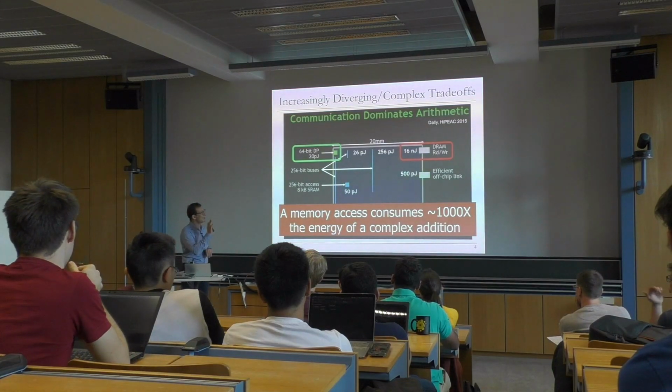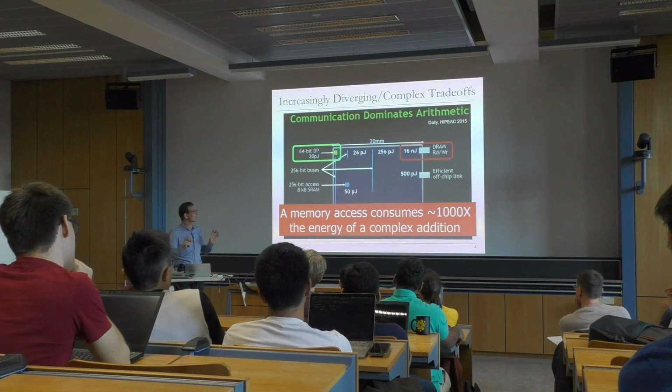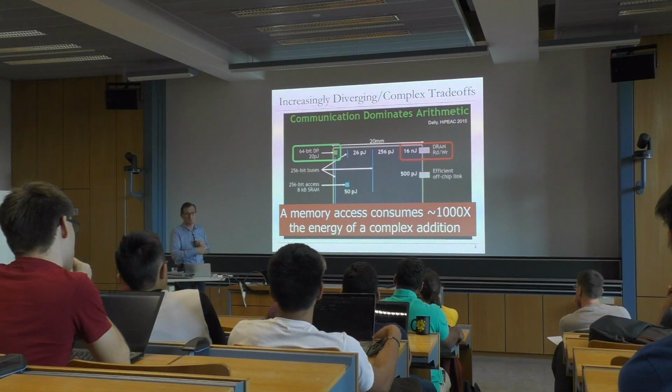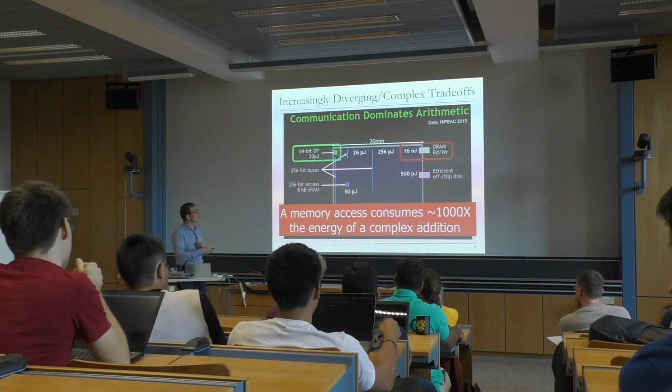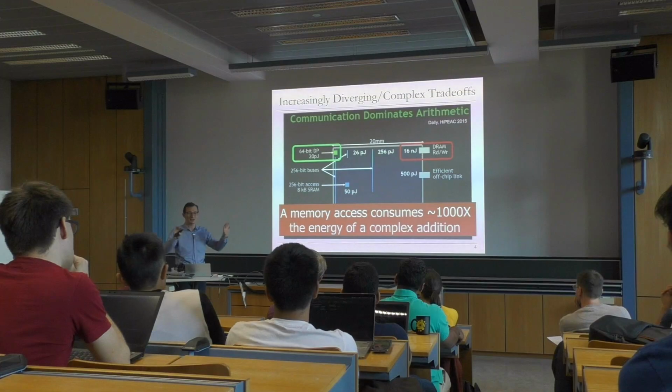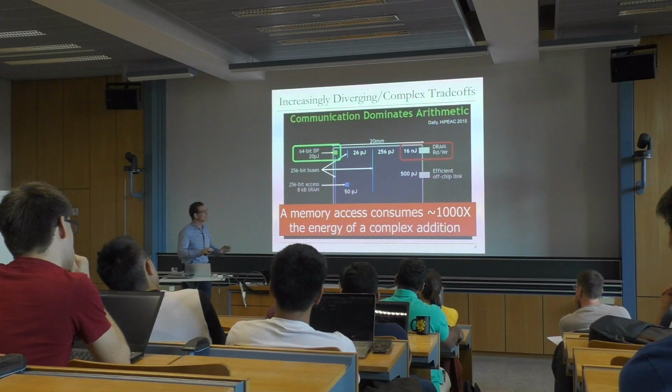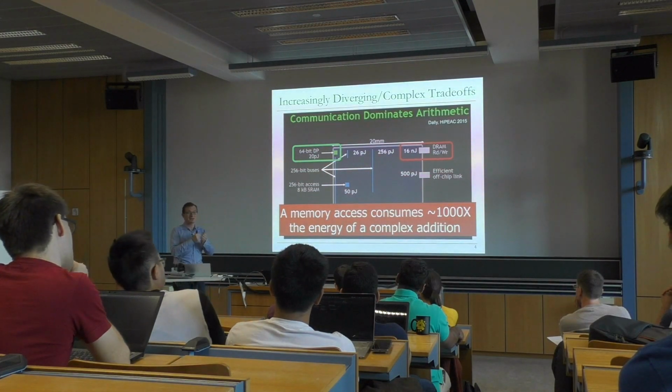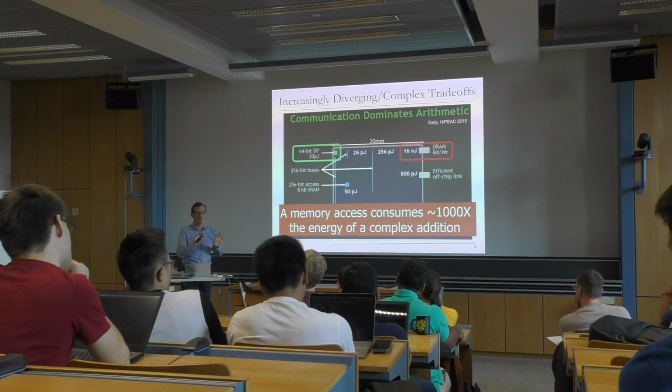So whenever you see a disparity like this, it's always good to ask the question, does it really make sense to bring data into the chip to process it, right? Especially if you're not taking advantage of the locality of data. For example, if you're doing a lot of random accesses, you're not going to reuse the data again. You just want to add 2 numbers and write the result, and you're never going to touch any of them again.